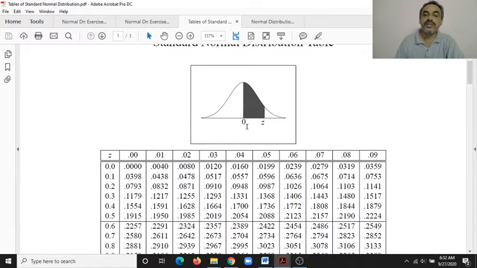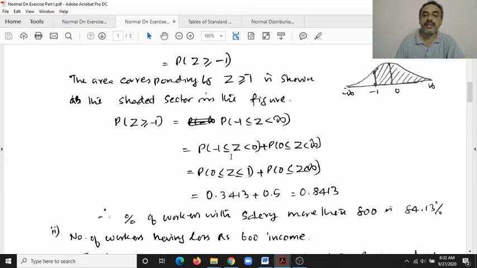The lower limit must always be 0, that is, 0-starting intervals. But in the present case, the starting point is minus 1 to infinity. So we break this total interval, minus 1 to infinity, at 0. One segment will be minus 1 to 0, and the second segment will be 0 to infinity.